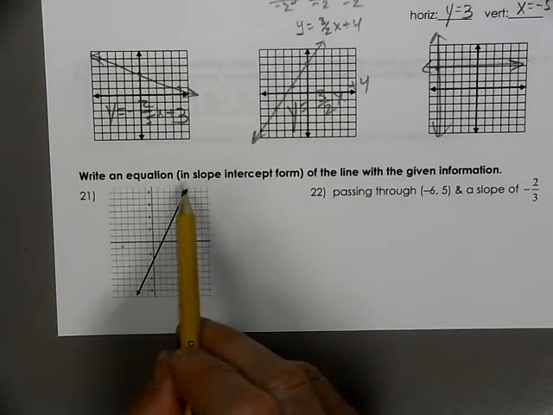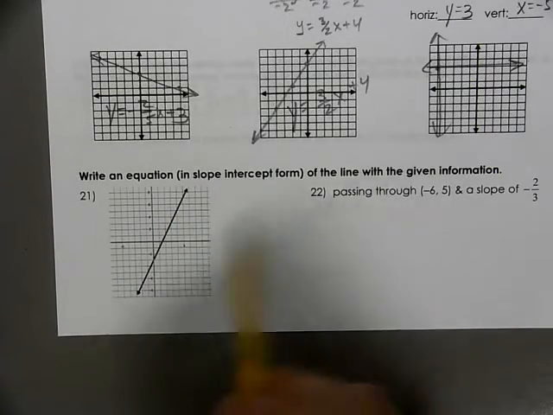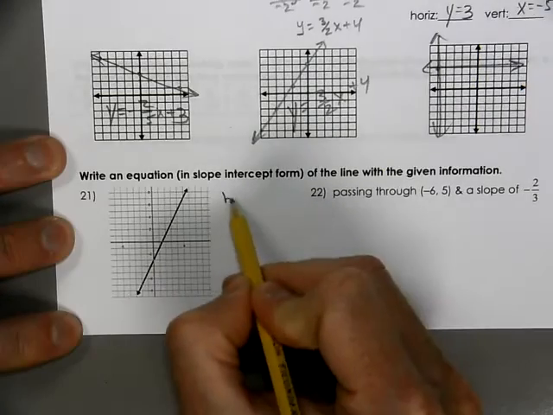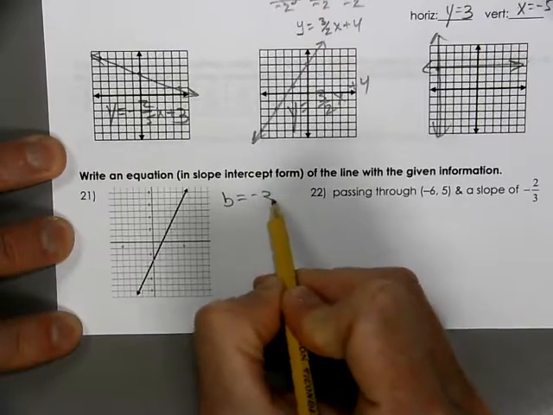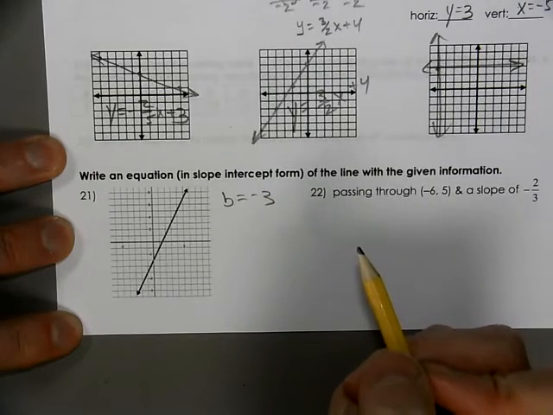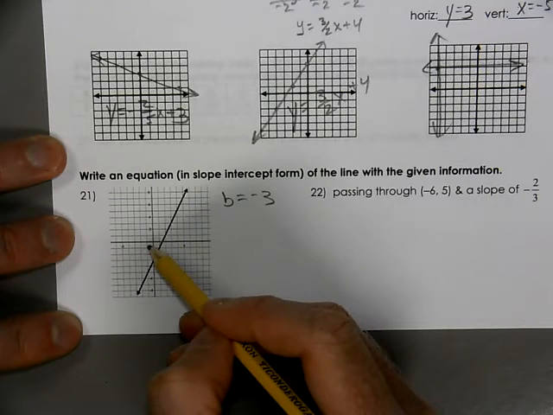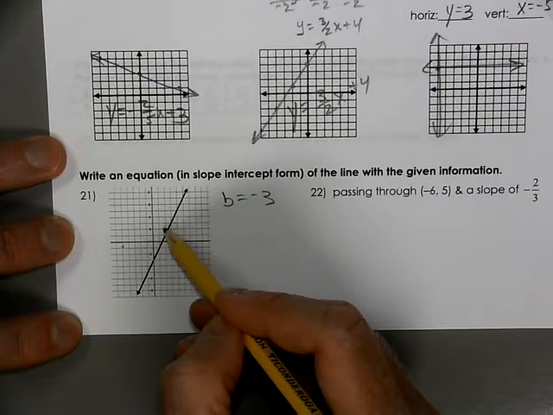We're going to write an equation in slope-intercept form. We notice that we're crossing a b value of -3, and we have a slope of up 3 over 2.